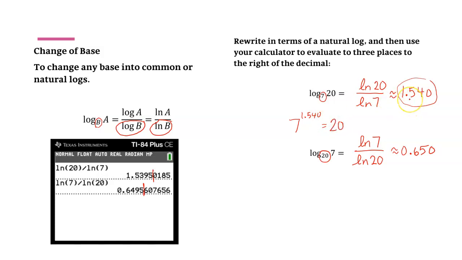This is rounded, so it's not exact, but 7 to the 1.540 is approximately 20. So it makes sense that this exponent is bigger than 1 because 20 is bigger than 7. And here it makes sense that this exponent is smaller than 1 because we want to get a number that is smaller than 20 to come out of an exponent.